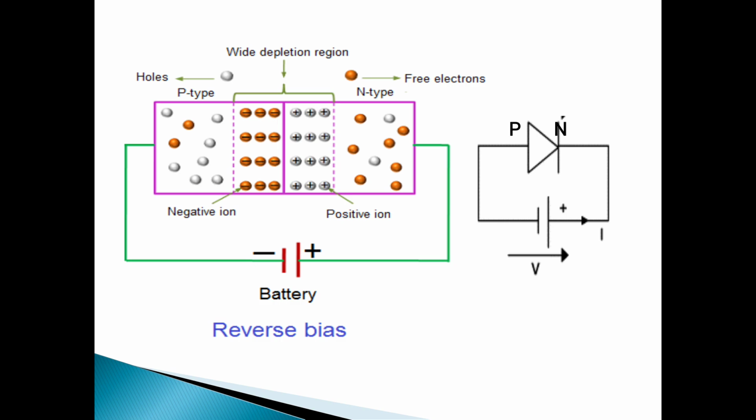Here they are shown with the orange dot, while in the N-type there are also some minority carrier holes which are shown with the white dot. Now these minority carriers, under the influence of the externally connected battery, move across the junction, that is from P to N and N to P. So a very small amount of current starts flowing across the PN junction diode due to the minority carriers.